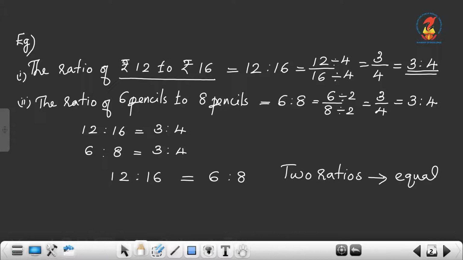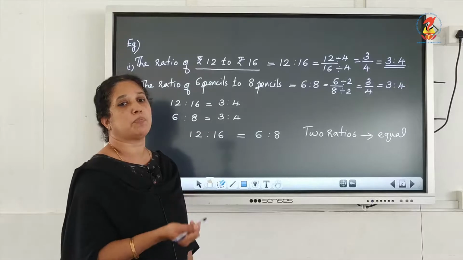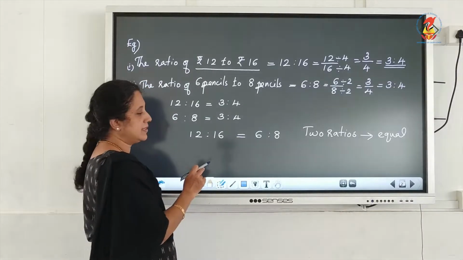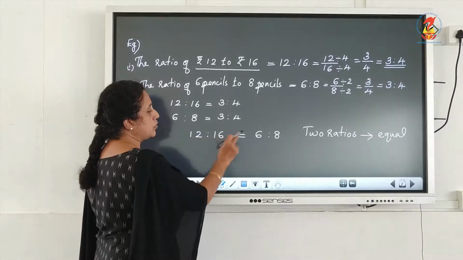Such an equality of ratios, we say that the four quantities are in proportion. An equality of ratios is called what? Proportion. So when two ratios are equal, we can say that the four quantities are in proportion.